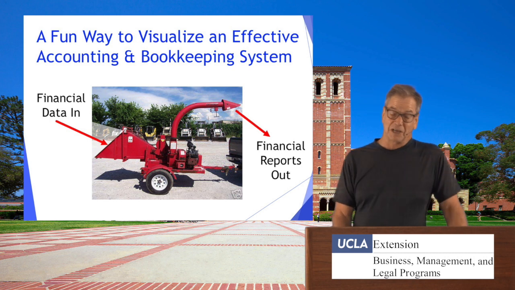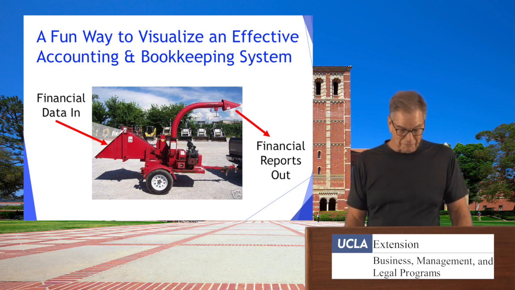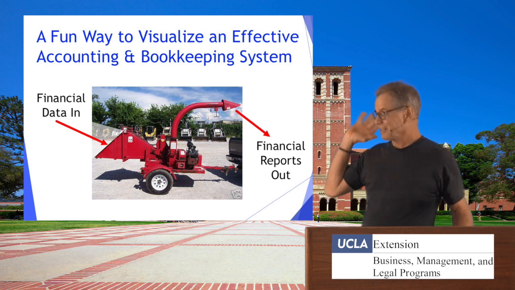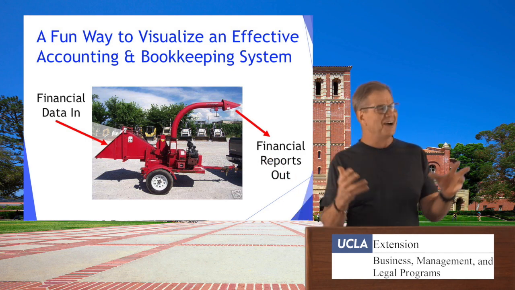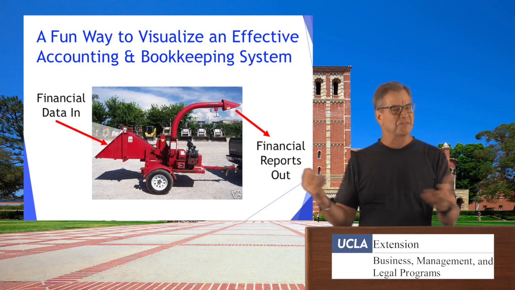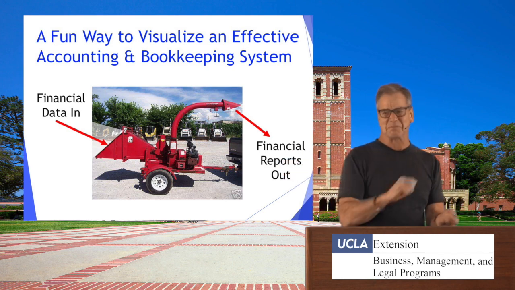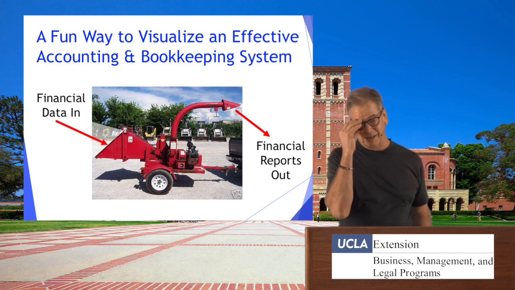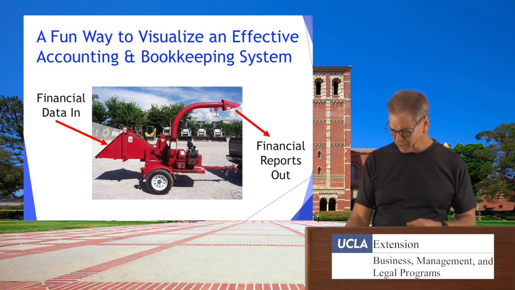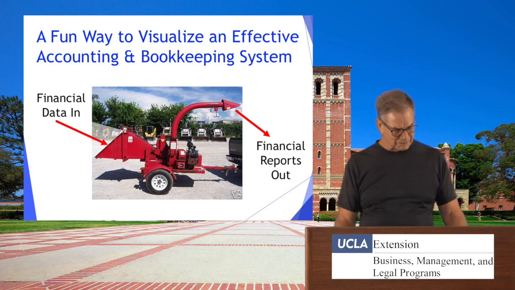This is one of my favorite classroom slides relevant to financial management. I know this is going to sound a little crazy, but there are times where there's just a flood of receipts and financial information coming at you: bank statements and bills and receipts and tax returns and invoices and expenses and budgets.